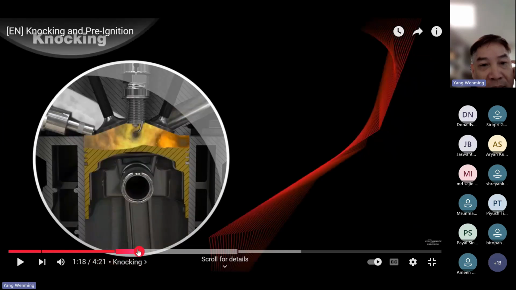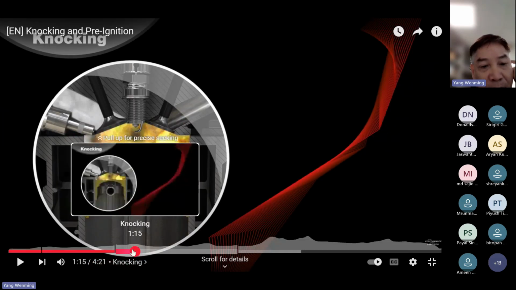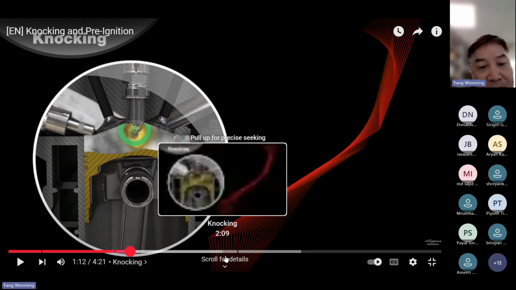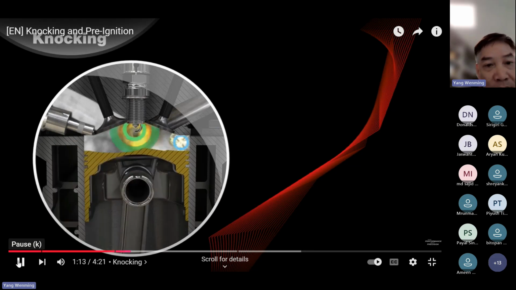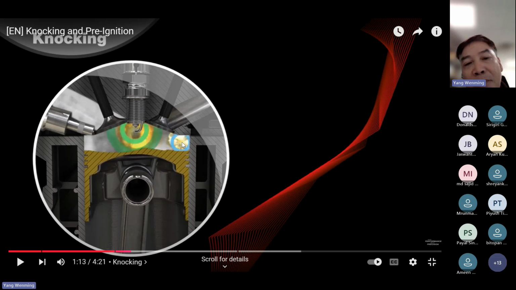However, in this knocking combustion process, we can see firstly the flame is transported from the spark plug, and at the same time, do you notice this position? Actually, auto ignition occurs in this far away position from the spark plug, right?